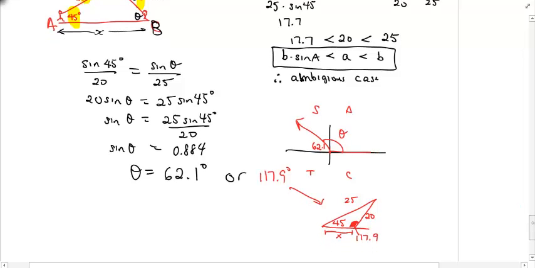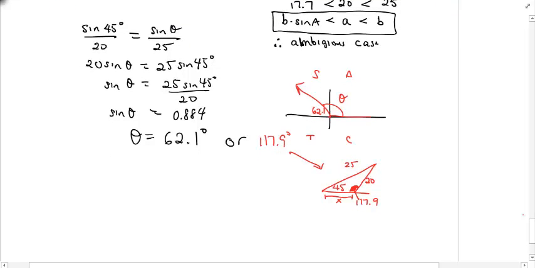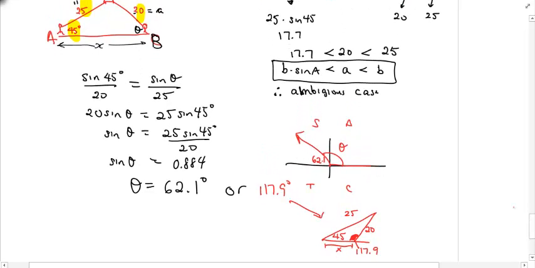Okay, so once again, ladies and gents, two situations. And by the way, I only found out the angle, so you still need to solve for x, so why don't you go ahead and try that. The black situation, I will set the ratio for you. Sine 62.1 divided by 25 equals something over x.